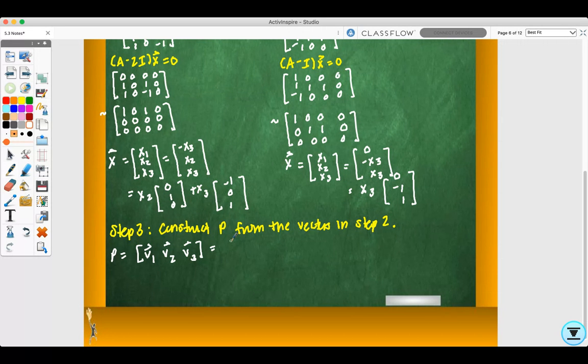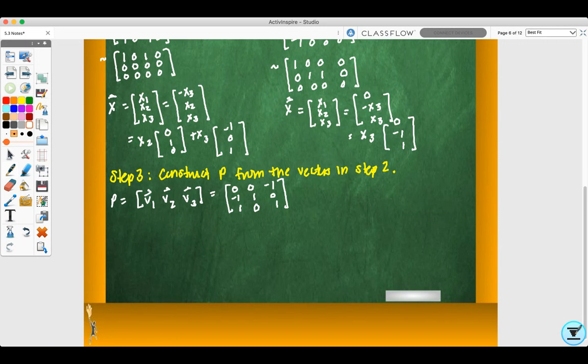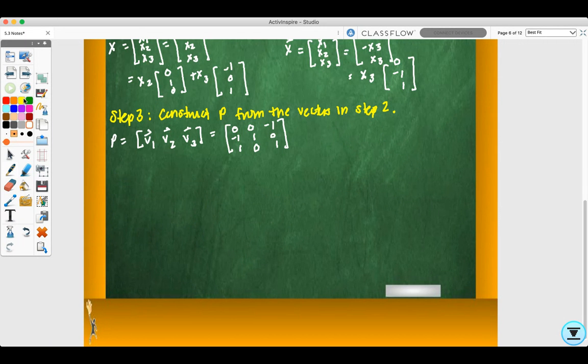And I'm just going to start with lambda equals 1. So I'd have 0, negative 1, 1, 0, 1, 0, negative 1, 0, 1. Here, order isn't important. In the next step, order is important. So I constructed P based on those vectors.